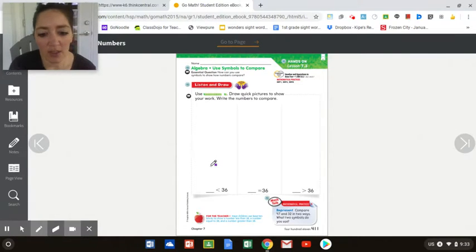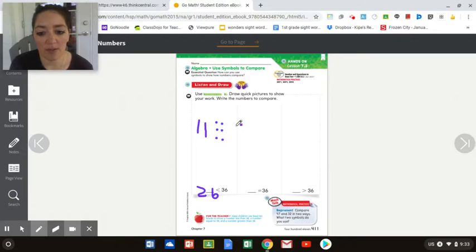To make a number less than 36, we know there's 3 tens and 6 ones. So we could either take away a 10 or take away 1 or take away both. For an example, you could do 1, 2 tens and 6 ones. What would be our number here? So our number is 26. So 26 is less than 36.